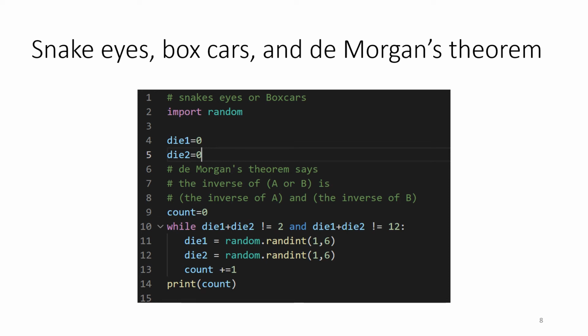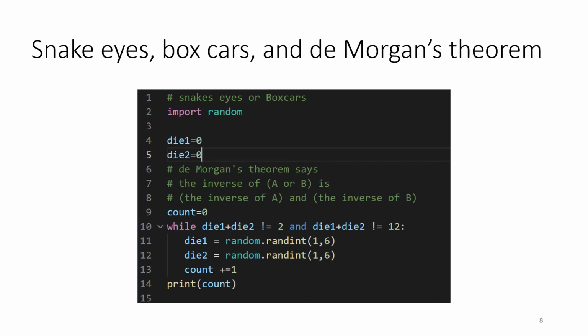So what if you're going to roll until you got either Snake Eyes or boxcars? Boxcars being 2 6s or a 12 for the sum. And so then if that's your stopping logic, if it's Snake Eyes or boxcars, if the sum is 2 or 12, and if you want to then invert that and turn that into a negative condition, then you would want to apply De Morgan's theorem.